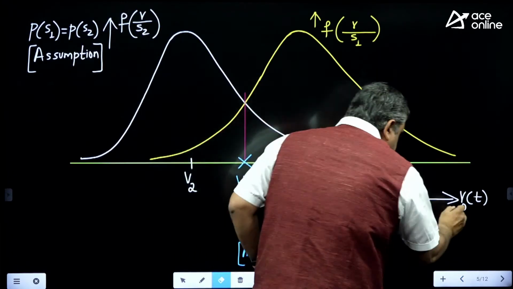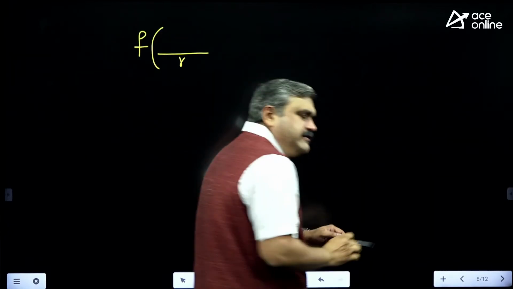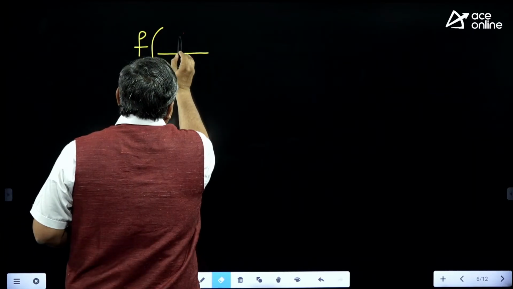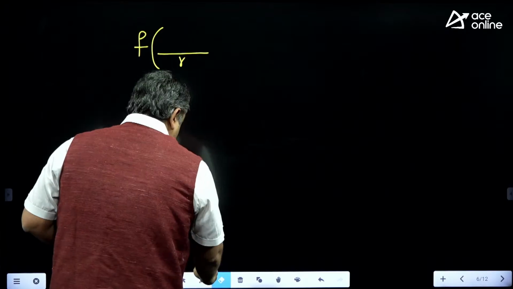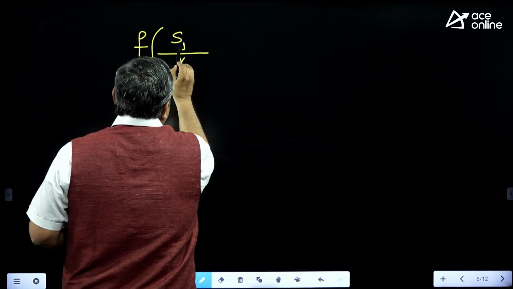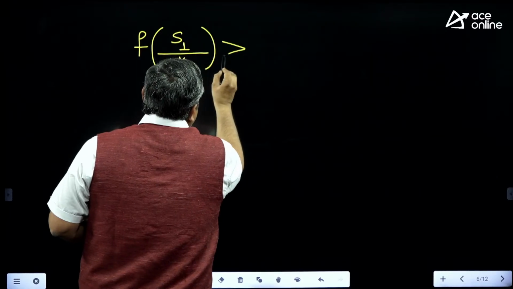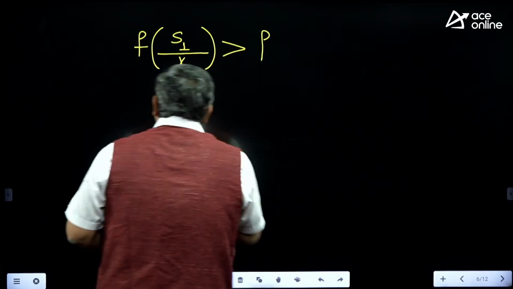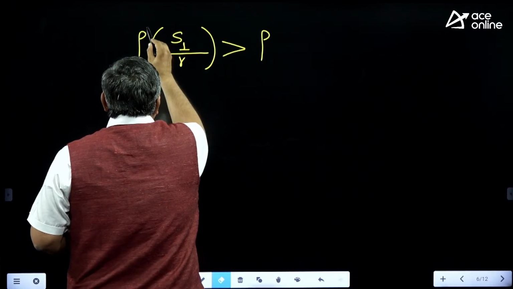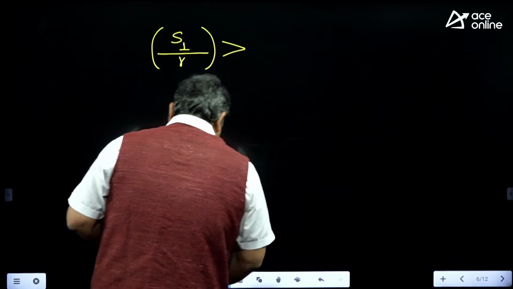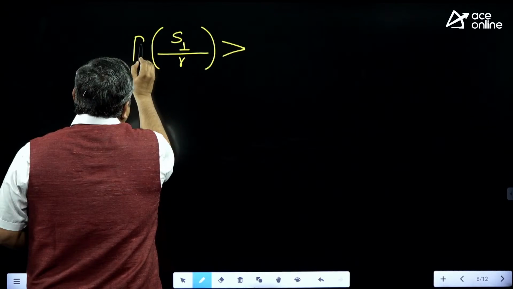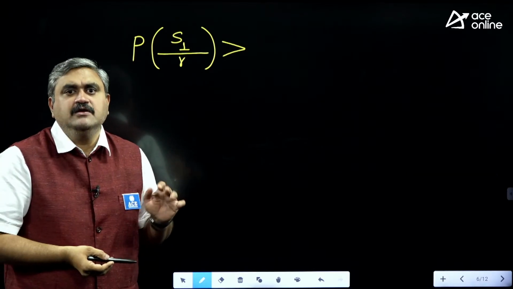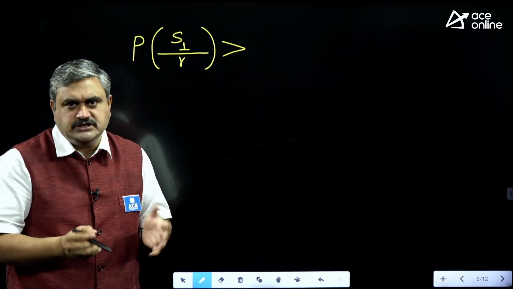Let us assume R. For all the values of the received signal, if the chances of finding S1 is more than S2. So, to make it easier, instead of writing F, I will write P, because P or F both are the same. F is representing your density function which deals with the probabilities. There is no change, no need to worry.